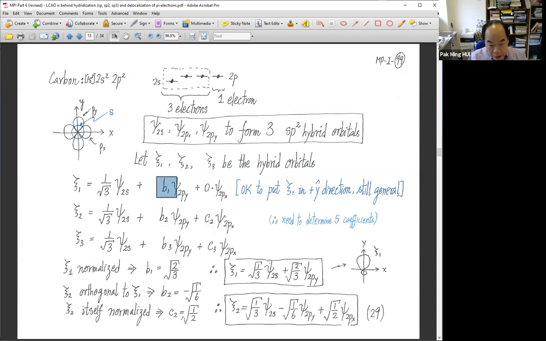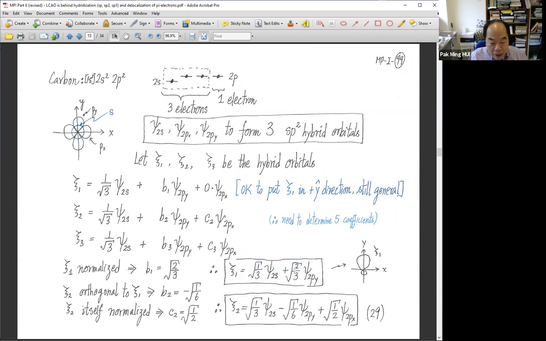After doing this, I know what psi 1 is about, okay? So it is this amount of S added to that amount of Py. You immediately see that the charge is focusing onto the Y direction. Just like SP, only the proportionality constants are different, all right?